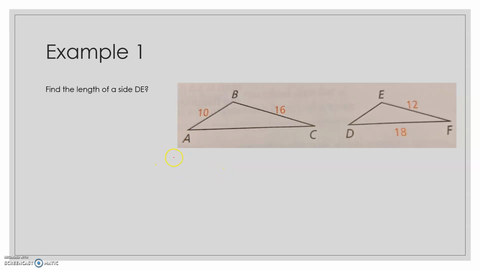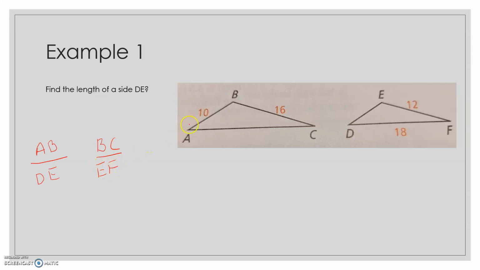Because they are proportional, we can begin to compare some of the sides. We know that side AB compares in our other triangle to side DE. And side BC in our other triangle compares to side EF.